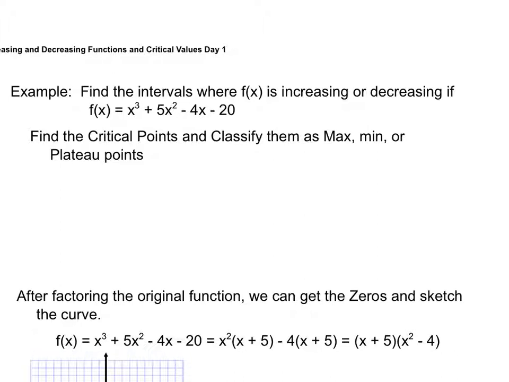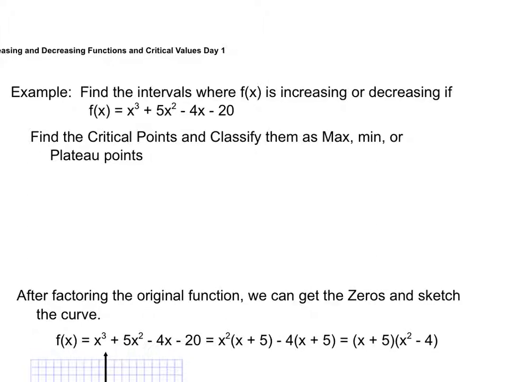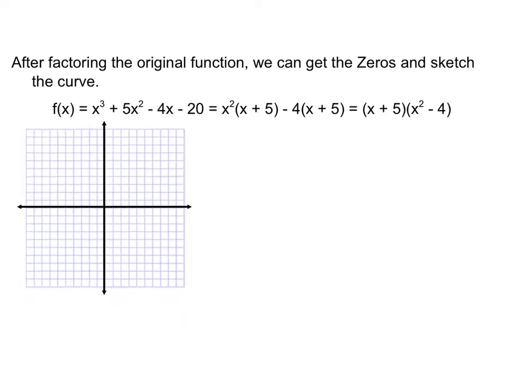So here we're going to be able to do a little bit more. In pre-calc honors, the best we could do is get the y-intercept and the zeros, and then use end behavior.